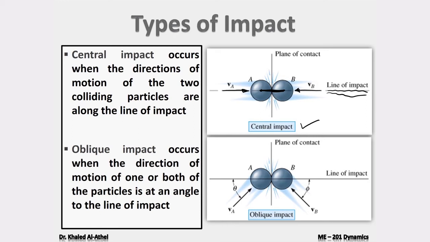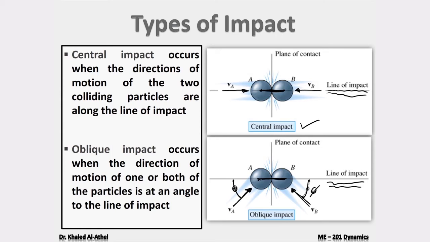If it happens that the line that connects the two centers of mass, which we call the line of impact, is not the same as the direction of at least one of the two particles' initial velocity, as you can see, this one has an angle theta, this one has an angle phi, for example, in this case we call this oblique impact.